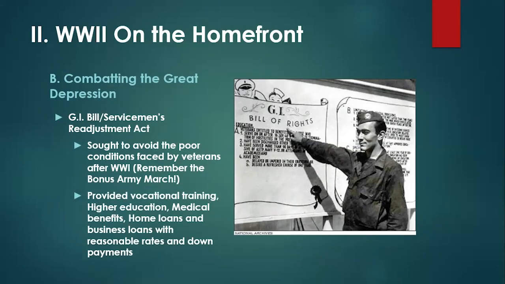So this helped provide things like vocational training, higher education, medical benefits, home loans, business loans, etc. for veterans. Now, please don't think that this meant that veterans have always, moving forward, been treated excellently and had great conditions. There are all kinds of issues with the administrative offices that deal with these types of benefits.